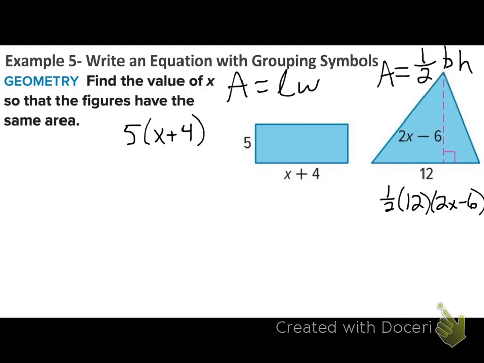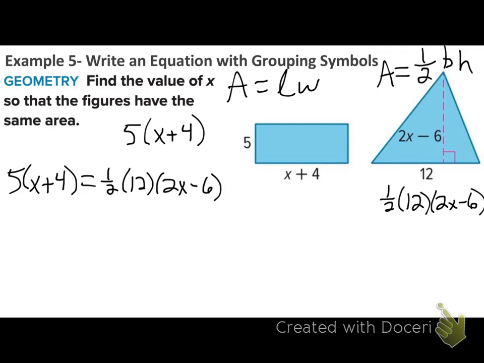So I'm going to do 5 times x plus 4 equals 1/2 times 12 times 2x minus 6. We okay with that? And now I'm just solving for x. And that'll give me the value of x so that the figures have the same area.